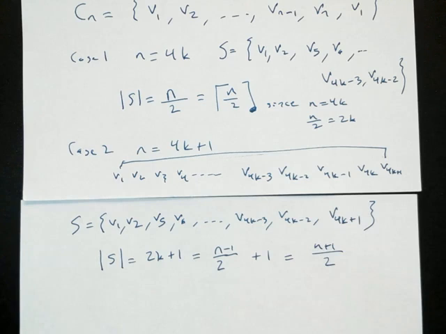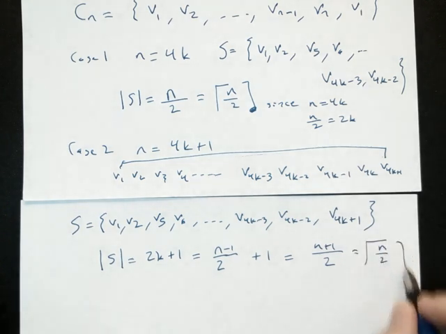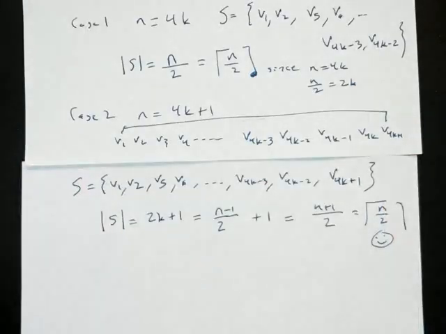Common denominator 2. But isn't that what happens when you round up an odd number divided by 2? 4K plus 3 is going to give me the same idea.